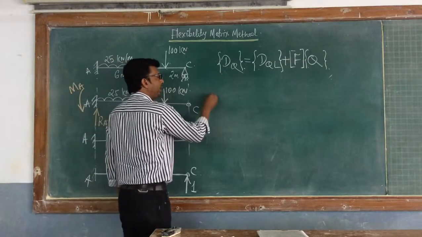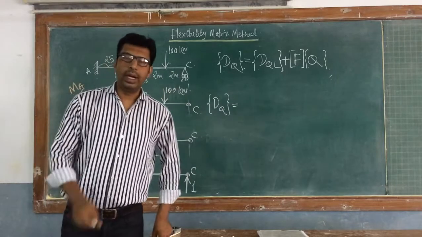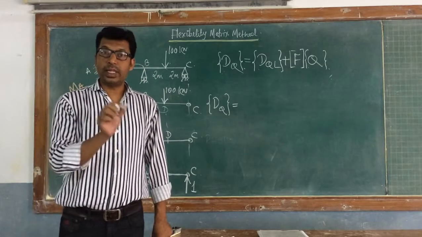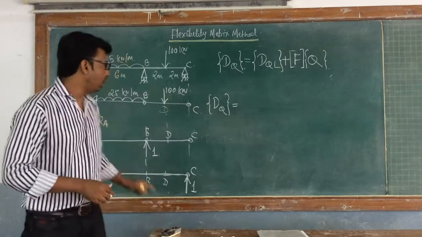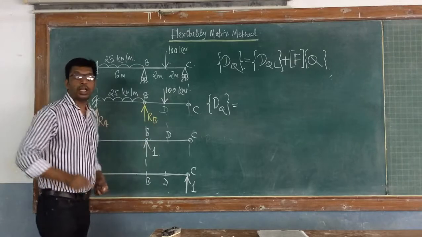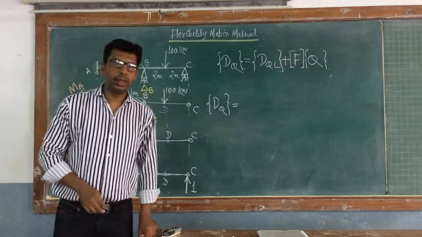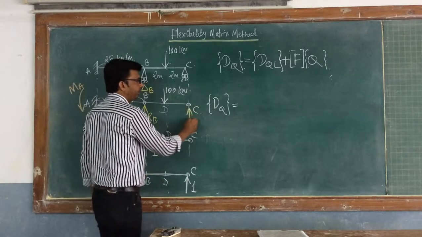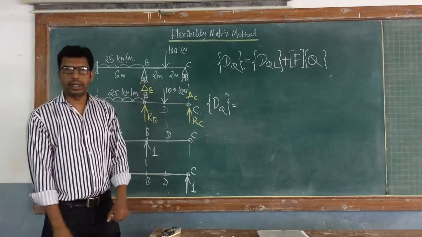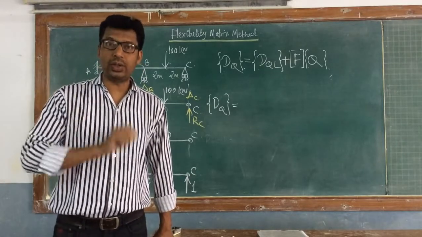So now what is Dq equal to? Dq is equal to the displacements corresponding to unknown reactions in the original structure. Displacement corresponding to unknown reaction. Unknown reactions are RB, so the corresponding displacement is delta B. Second unknown is RC, corresponding displacement is delta C. It means now, is there any delta B or delta C given in the original structure?